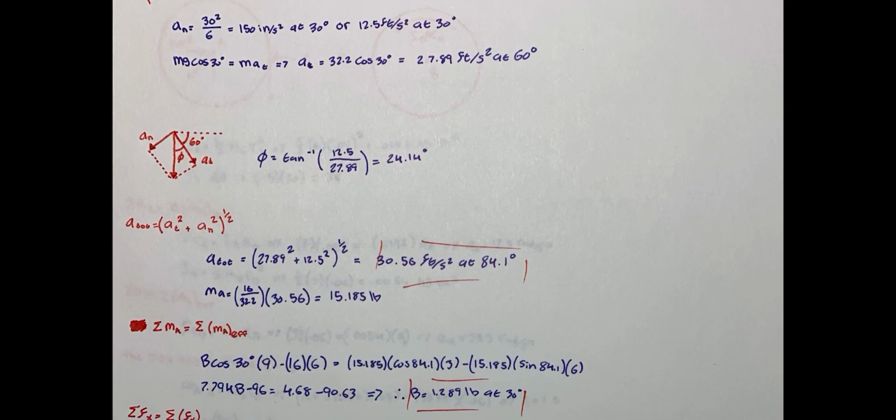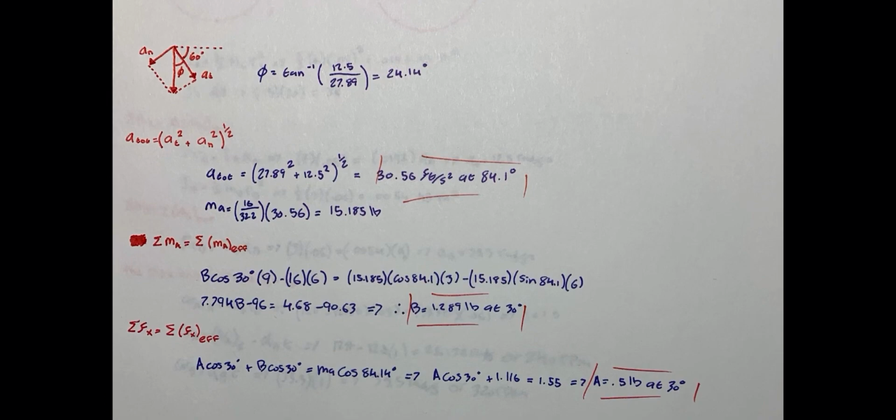So we'll get 30.56 feet. And if we do some trig, we can find out that it's at 84.1 degrees. And doing that, we can solve for ma, or the force, and we'll get 15.18 pounds.